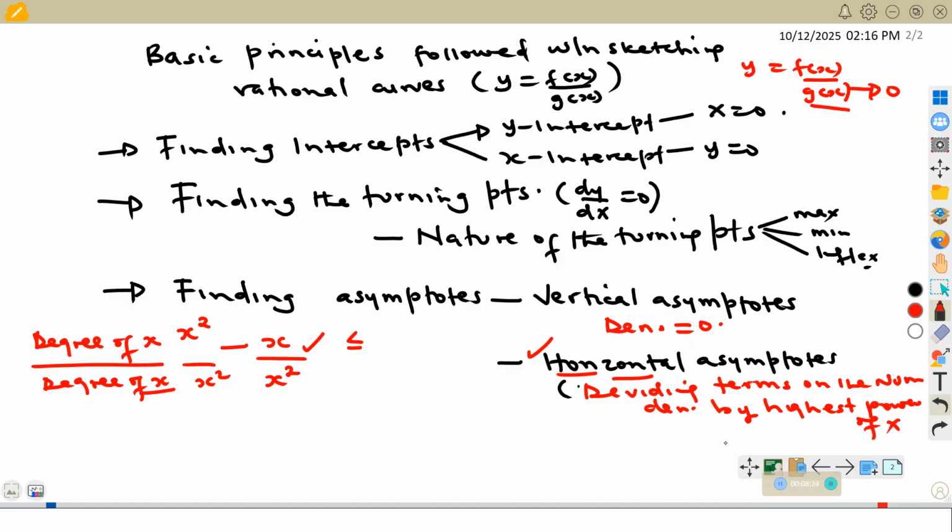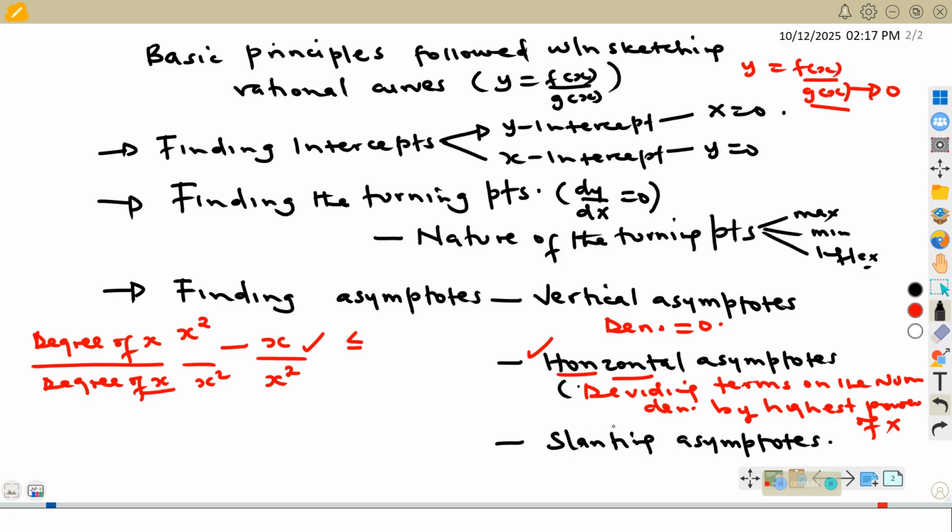Then the next, and that is the last kind of asymptote that we shall talk about, is what we call the slanting asymptotes. These occur only when the horizontal asymptote does not exist. So if you do not have the horizontal asymptote, then you will have the slanting asymptote.